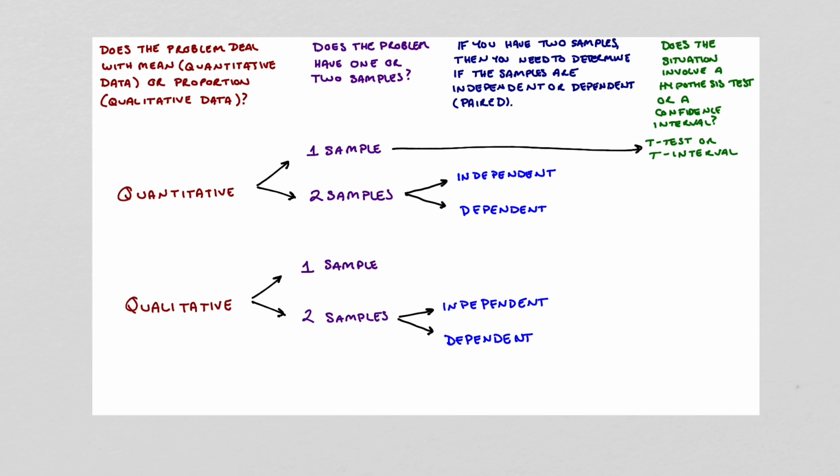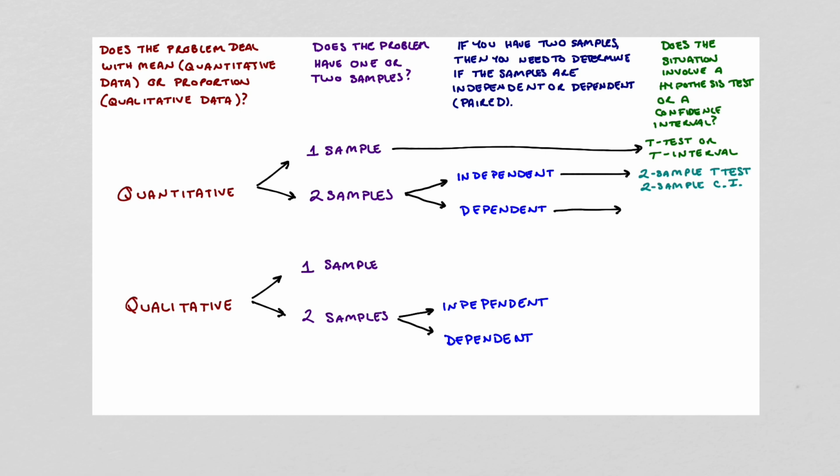So if you have quantitative data and you have 2 samples that are independent, then we are going to do a 2-sample t-test or a 2-sample confidence interval. I'm just going to abbreviate confidence interval to be CI. All right, so again, we would need to ask ourselves, does the situation involve us doing a hypothesis test or a confidence interval?